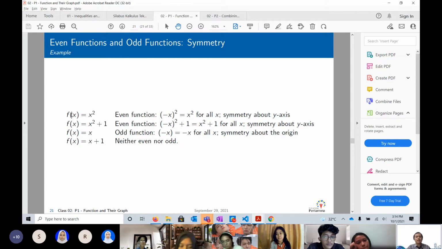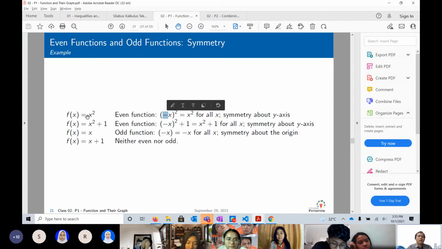For example, let's take f of x equals x squared. This is called an even function because if we put f of minus x, meaning minus x squared, we have that minus x squared equals x squared. That's why we have an even function in this case.